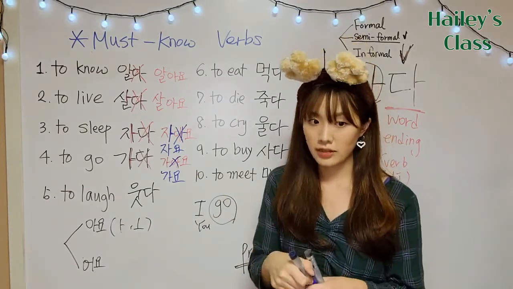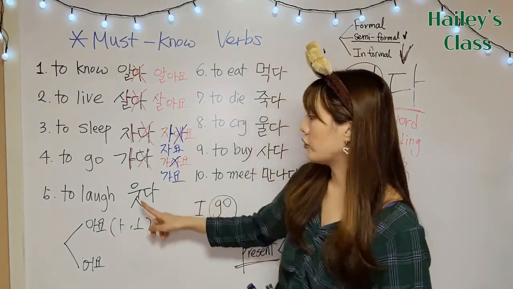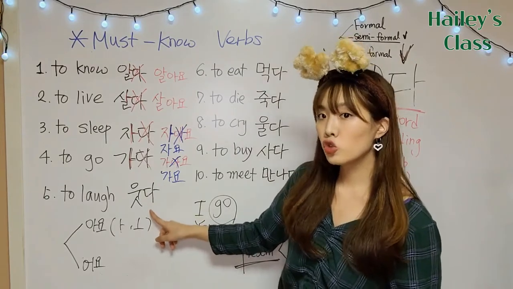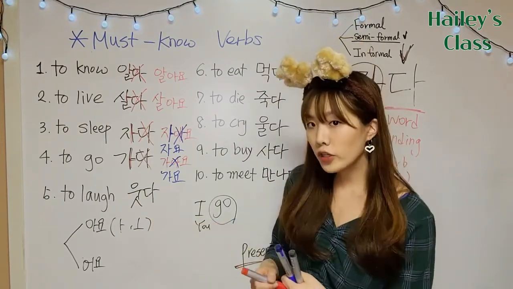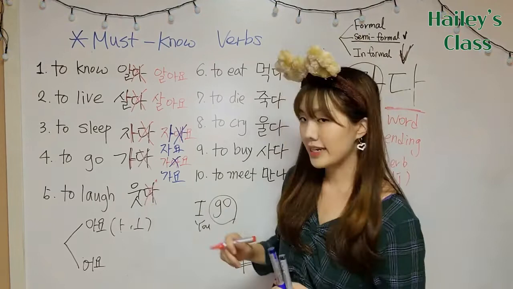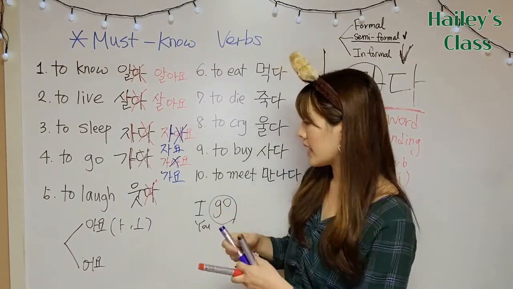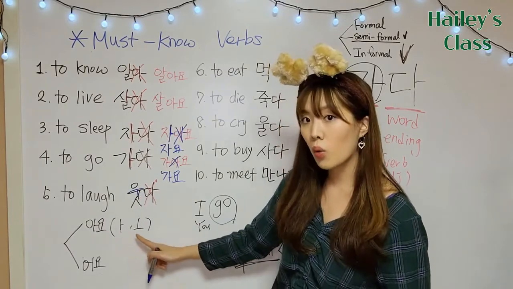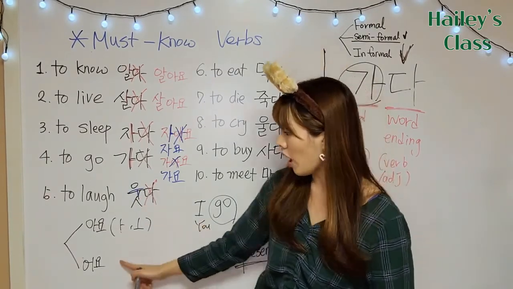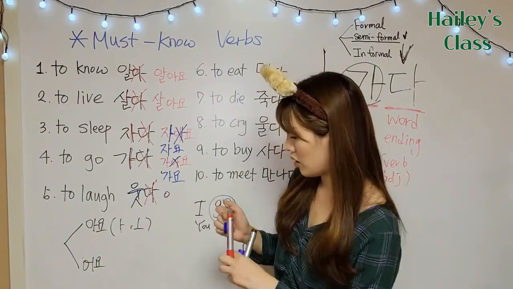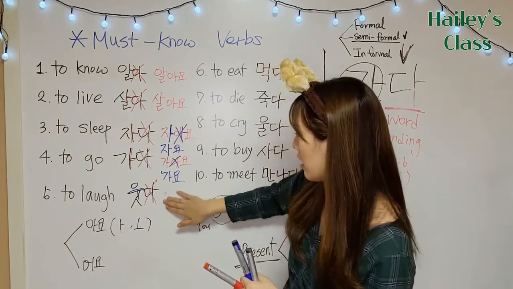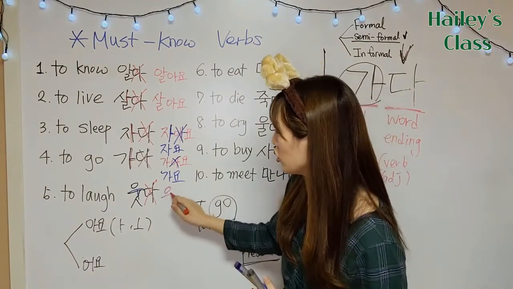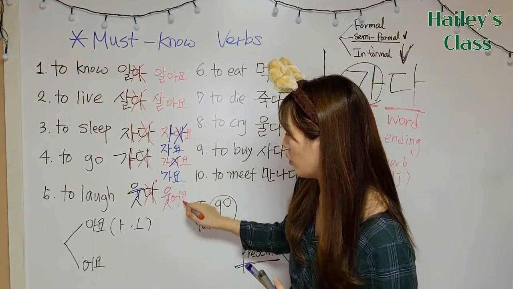Got it? Good. And let's move on. This is 웃다. First we have to delete 다. And let's see, 웃다. There's no 아 or 오, right? So we write 웃어요.